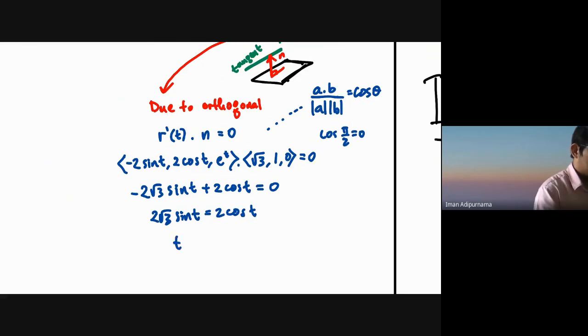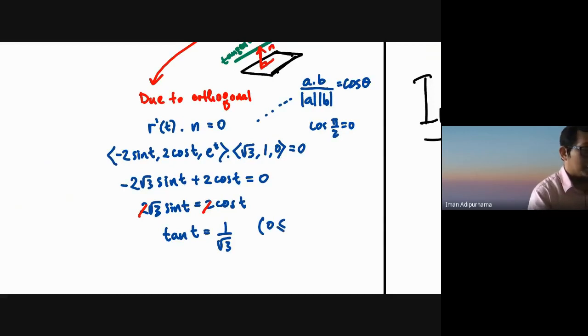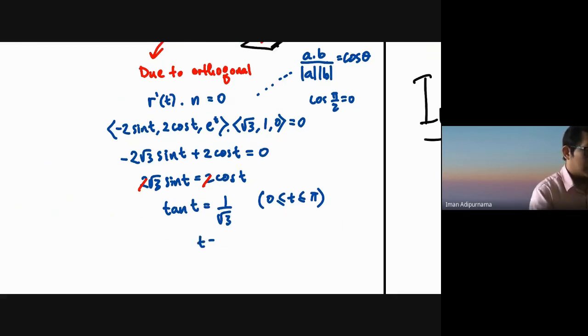Or we can simplify, become the tangent t. And because t is from 0 to pi, from the question, then we can just say that t is pi over 6.